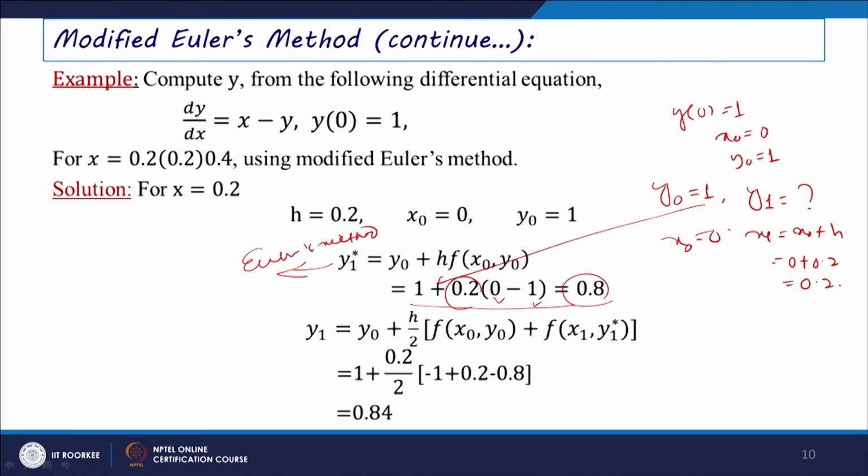And then if we want to find a modified or improved form of this Euler's method, y1 can be written as y0 plus h by 2 times f of x0 y0 plus f of x1 y1 star.